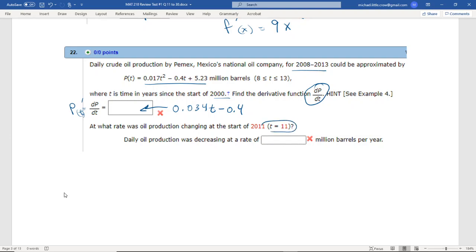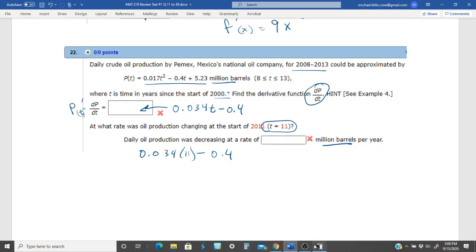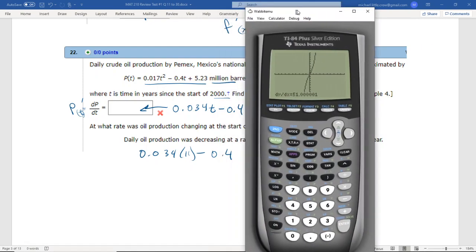T equals 11. Well, we plug in 11 here. And again, our units are millions of barrels. The units here are millions of barrels per year. So 0.034 times 11 minus 0.4.